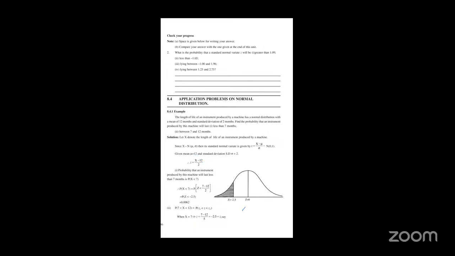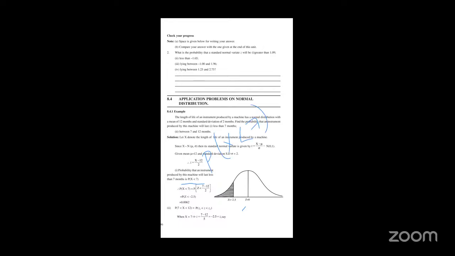The probability that an instrument produced by this machine will last less than 7 months: the first question asks for the probability of X less than 7.